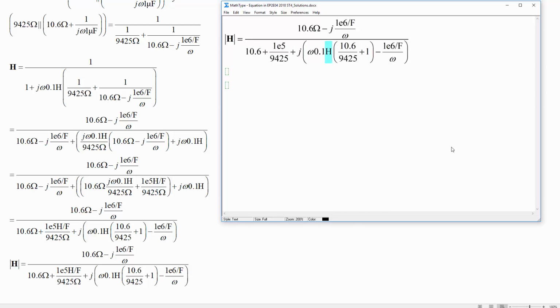And then this part, we've got henries multiplied by radians. And then we've got this 1 over farad times, so henries times rad per second, and 1 over farad times rad per second.